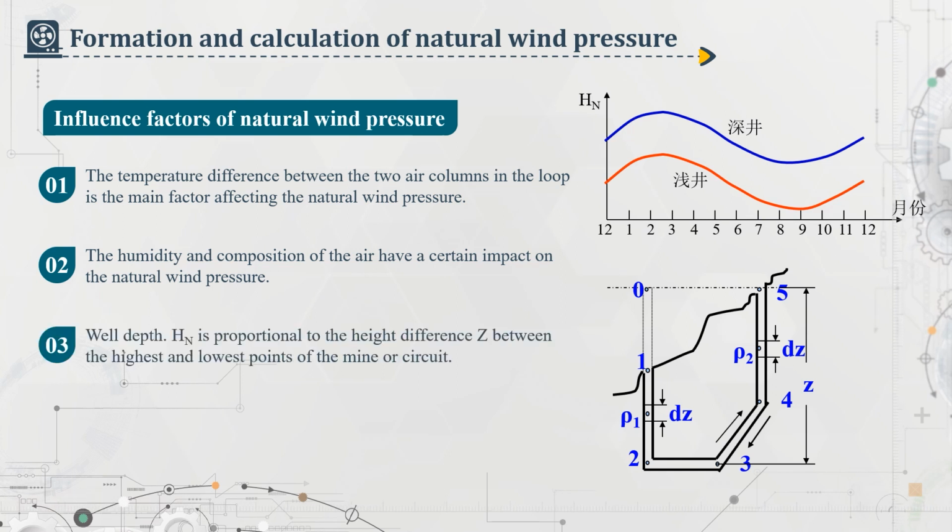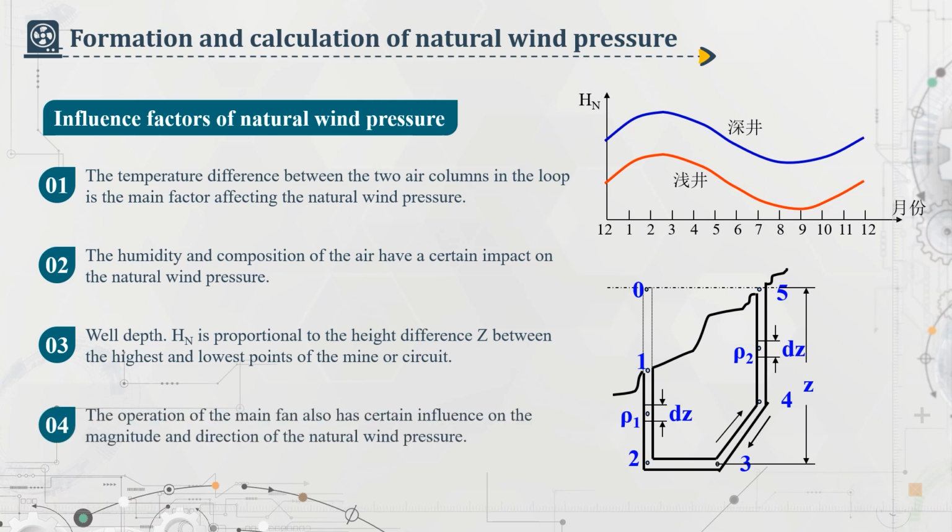3. Well depth. Hn is proportional to the height difference Z between the highest and lowest points of the main or circuit. 4. The operation of the main fan also has certain influence on the magnitude and direction of the natural wind pressure.